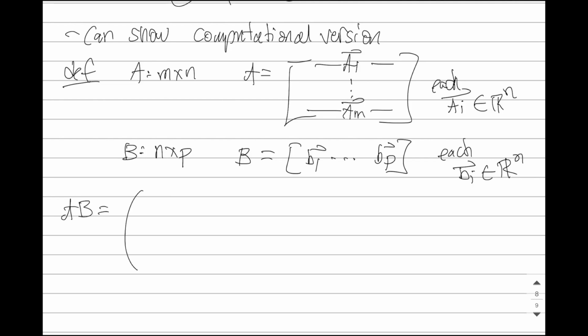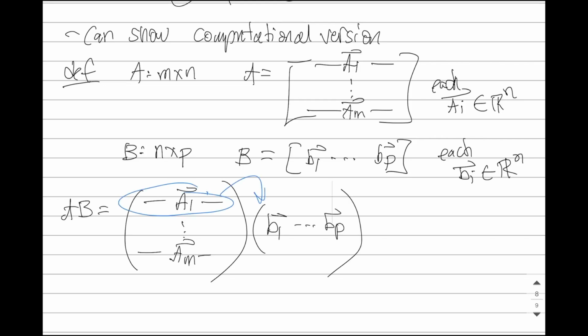If you want to multiply these two matrices, you're going to think of the one in the front in terms of its rows. You're going to think of the one beside it, the second one, in terms of its columns. You're going to do the dot product version. You're going to take the top row, multiply it by this first column, and your first entry is going to be A1 dotted with B1. Then you're going to move to the second one. Do a dot product there.